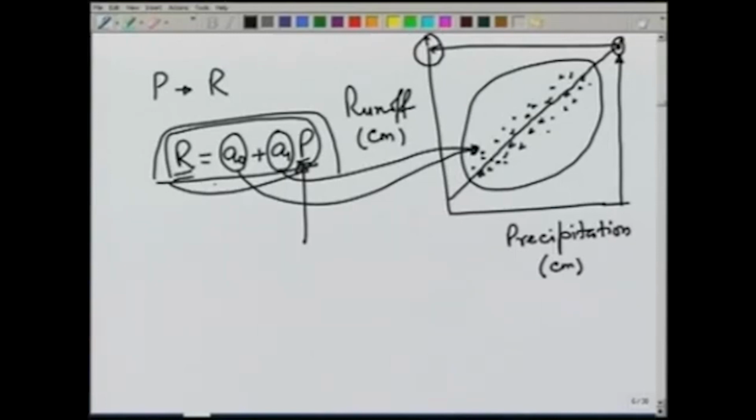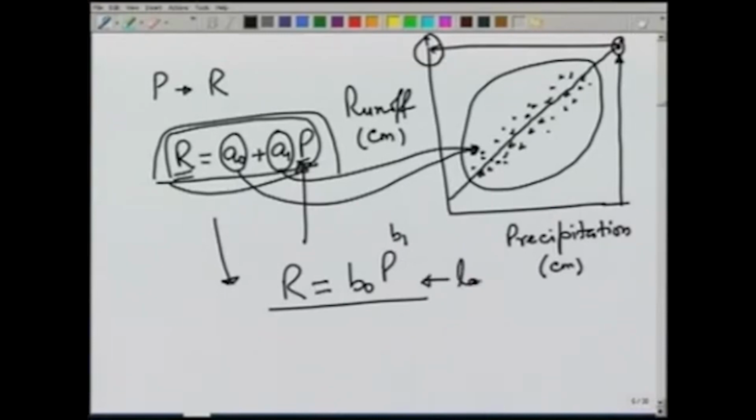This is not the only possible correlation. Sometimes people use a power law, in which you relate R with some power of P. Typically for larger basins, a power law is found to be better than the linear relationship.